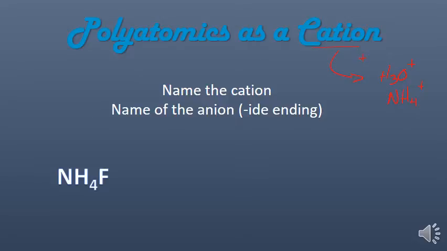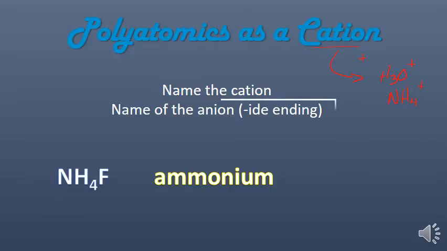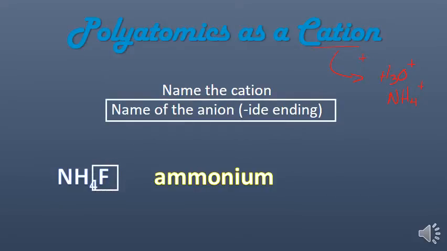So it's very easy. You simply name the cation, which in this case is NH4. And the name of NH4 is ammonium. Then you name the anion, changing the ending to "ide." So in this case, we have fluorine, which becomes fluoride, and we're done.